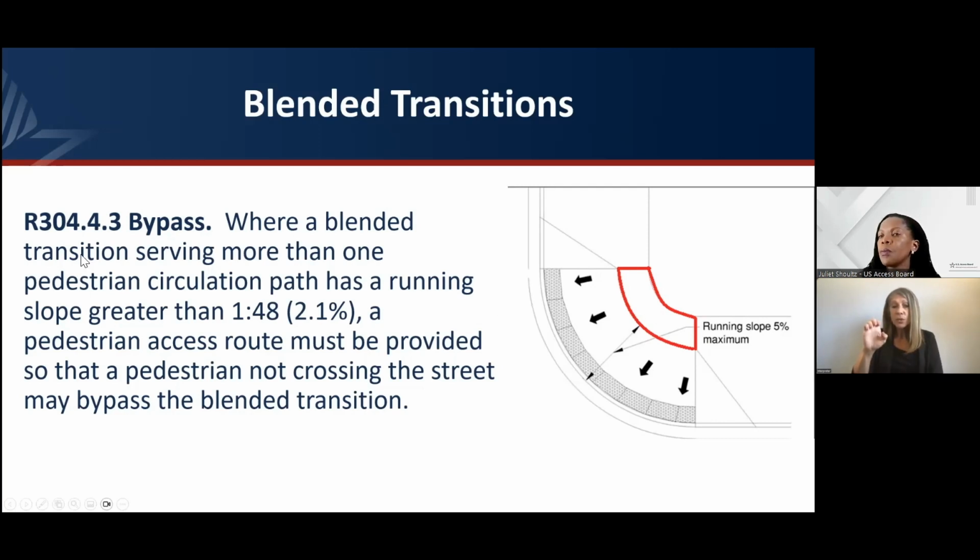The provision is at R304.4.3 bypass: where a blended transition serving more than one pedestrian circulation path has a running slope greater than 2.1%, a pedestrian access route must be provided so that a pedestrian not crossing the street may bypass the blended transition.